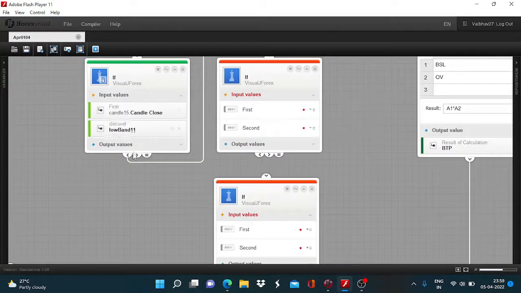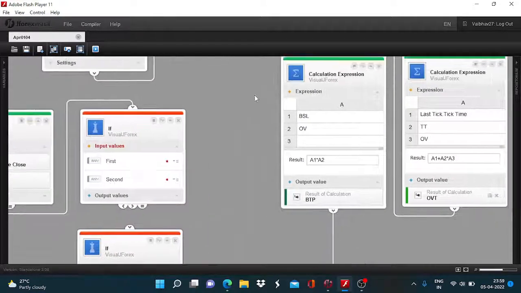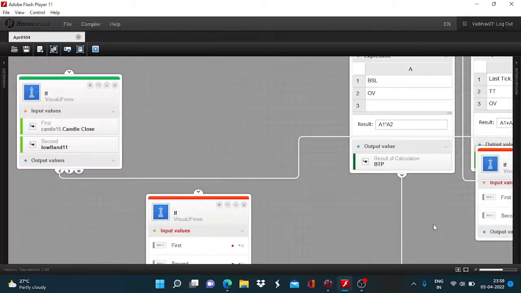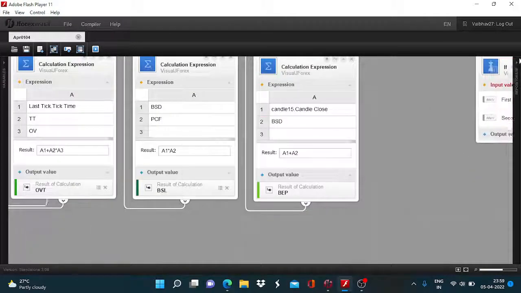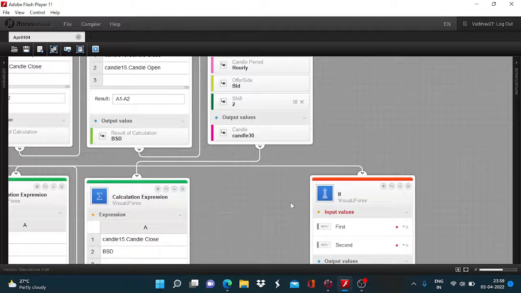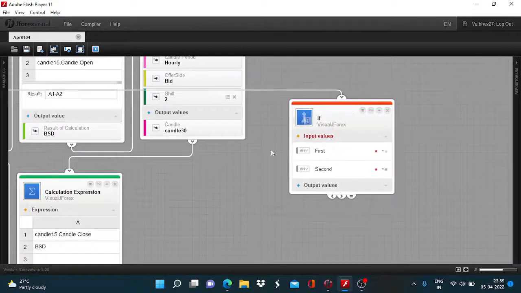Candle 15 candle close less than low band 11, whereas candle 30, which has a look back period of 2, should have closed higher.